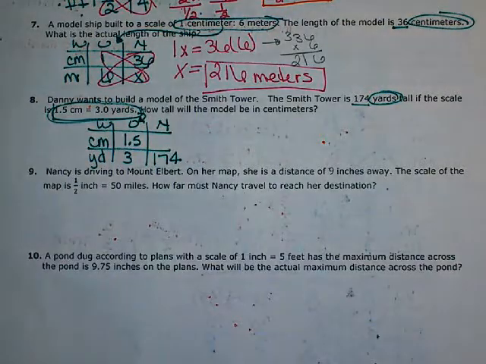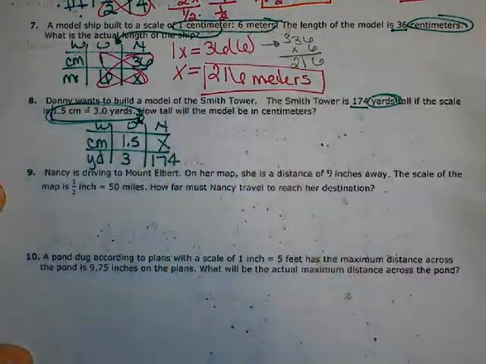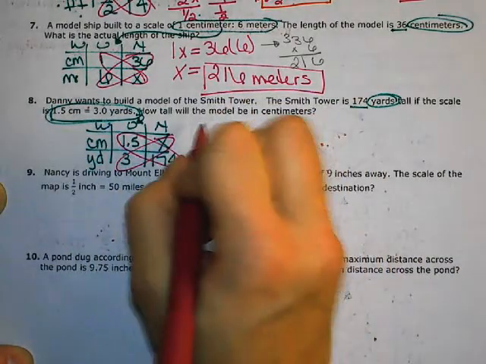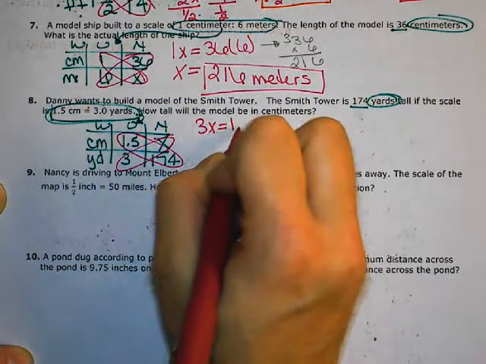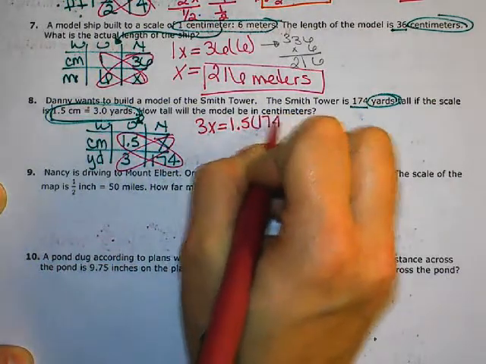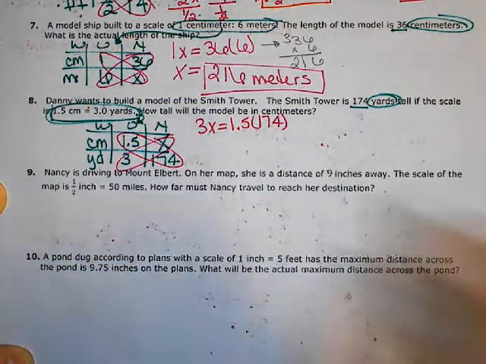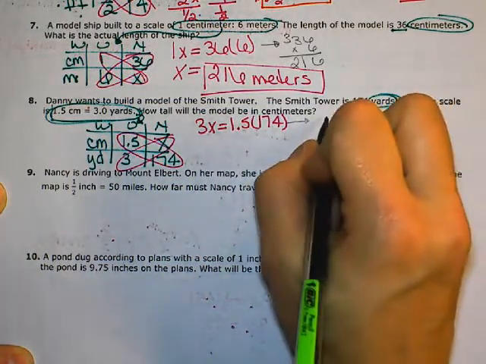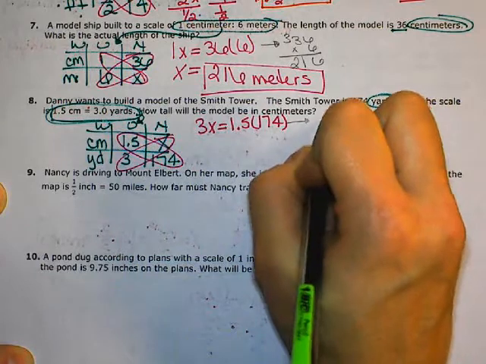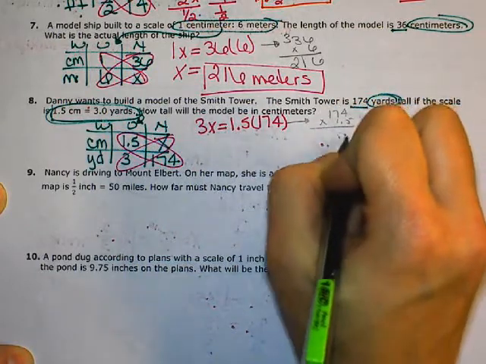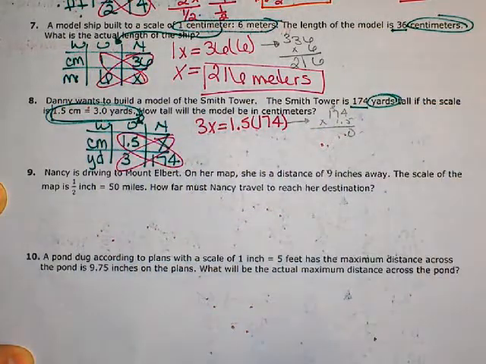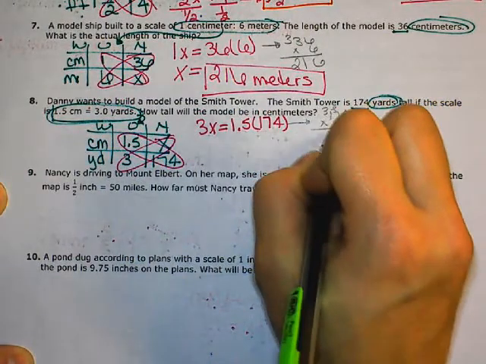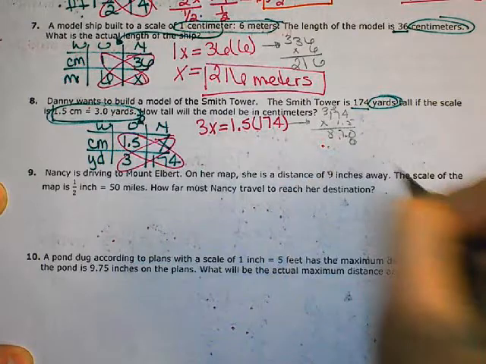So once I have my proportions set up, I can cross multiply. 3 times x equals 1.5 times 174. I'm going to do this math over here off to the side. So I'm going to have 174 times 1.5. 5 times 4 is 20, 5 times 7 is 35, 36, 37. 5 times 1 is 5, plus 3 is 8.